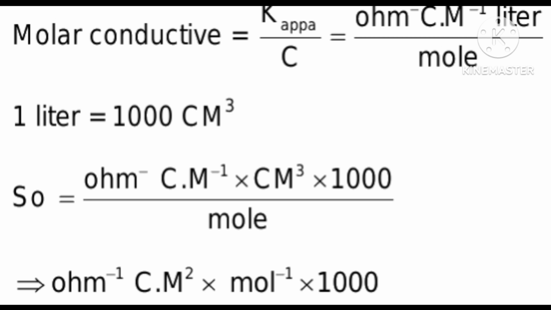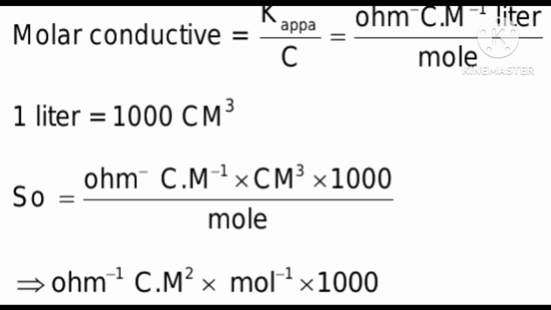Also you can call it conductivity at infinite dilution, because you have added more water, yet conductivity is not increasing. Now it became constant. For infinite dilution, sometimes the infinite symbol is used.